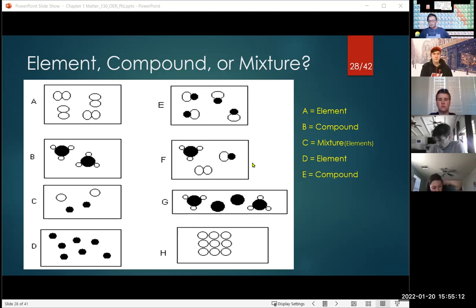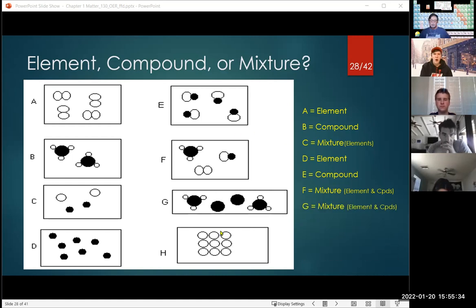F is another mixture, specifically of a diatomic element and a mixture of two compounds. Okay, do we know what they are? No, we don't. We're just going off the color and the shape of the material.